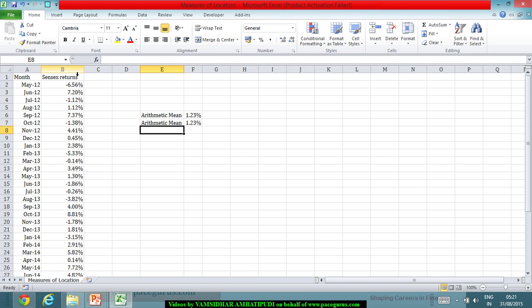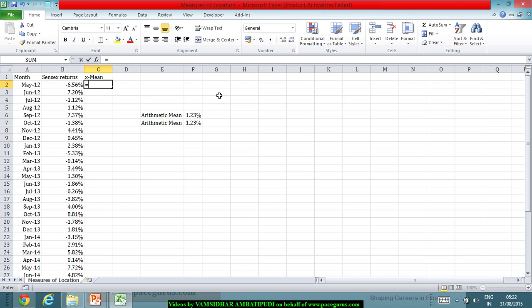Now, let's try to understand one of the important properties of this arithmetic mean. I'll try to subtract this mean value from each and every observation. I'll call it x minus mean.